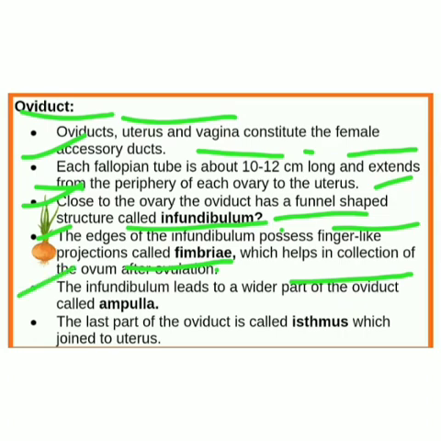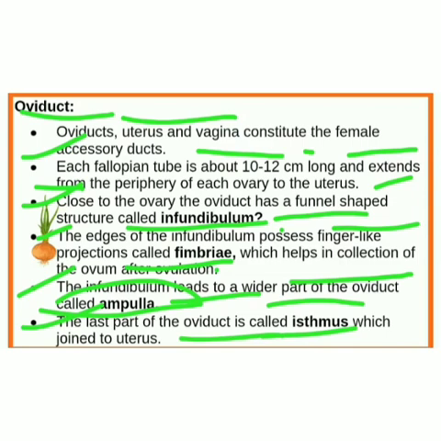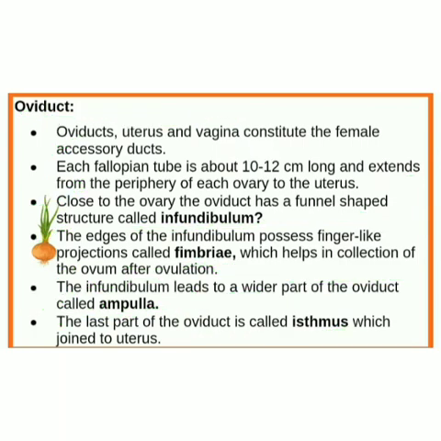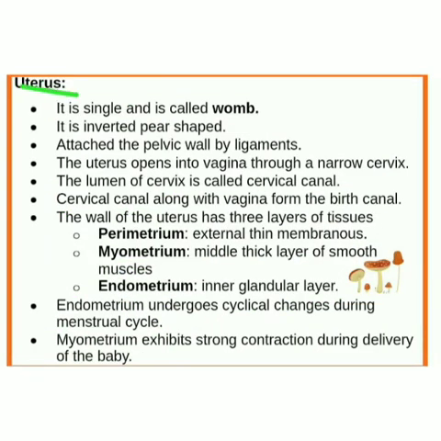Next, the infundibulum leads to a wider part of the oviduct called ampulla. The last part of the oviduct is called isthmus, which joins to the uterus. Now, next one is uterus. It is single and is also called womb.